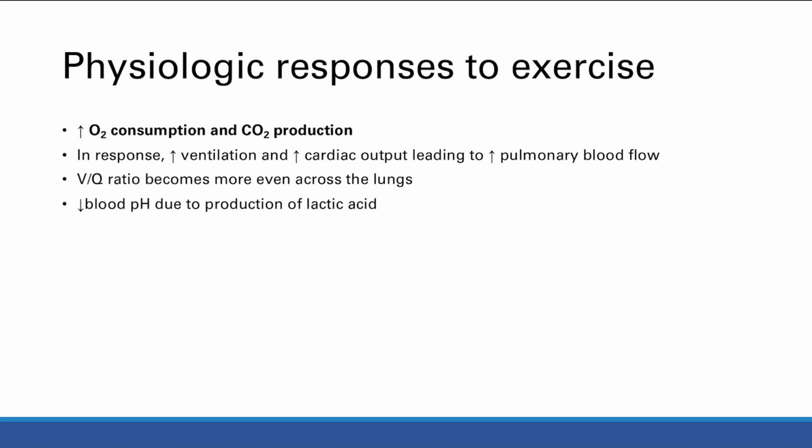Now, how will our oxygen-hemoglobin curve shift? Will it shift left or right with exercise? Remember that during exercise, we want our hemoglobin to release oxygen to tissue so they can use it. So we need hemoglobin to have a decreased affinity. So we're going to have a right shift. Okay, it's going to be a right shift.